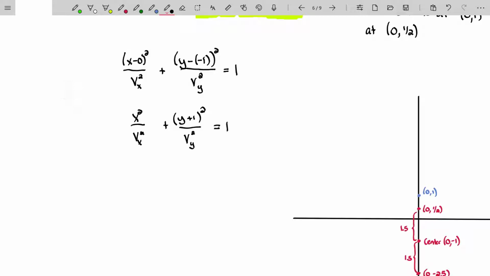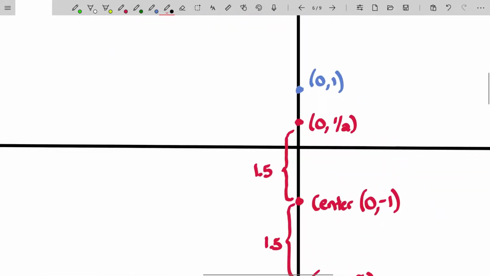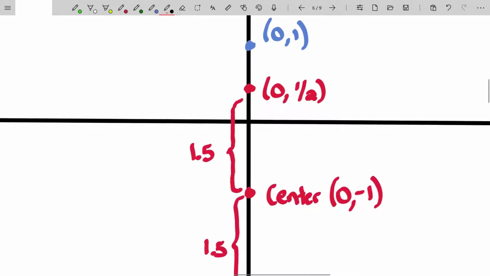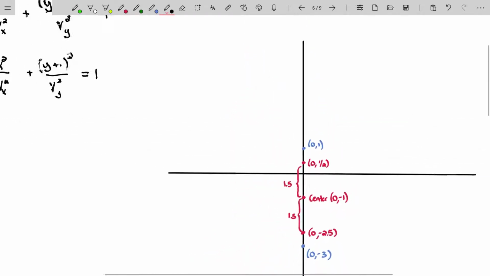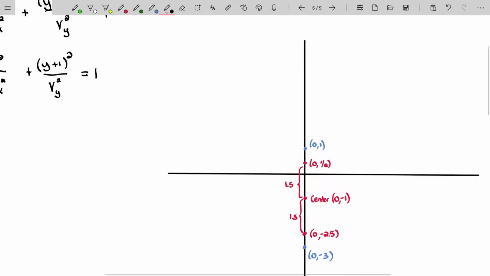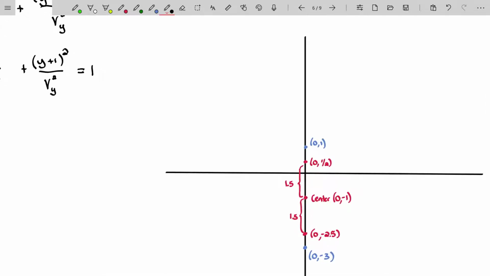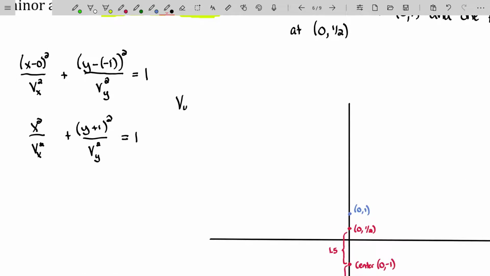Now remember, v sub x and v sub y, those are the distances from the center to the vertex in the horizontal and vertical direction. So v sub y is the distance to the vertex in the vertical direction. Well, that distance between the center and the vertex in the vertical direction is 2. So v sub y is going to be 2.